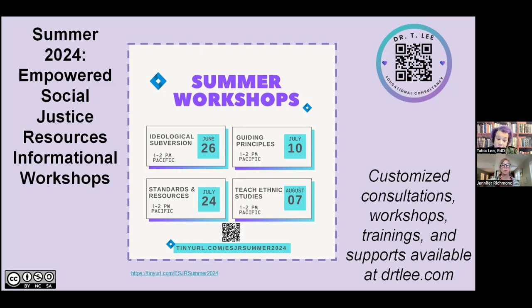We also have the standards and resources coming up on July 24th. And then August 7th will be just about teaching ethnic studies, because there's been a lot of concern about that, and specifically the critical liberated ethnic studies model, which was a gift from California that has spread throughout the nation.